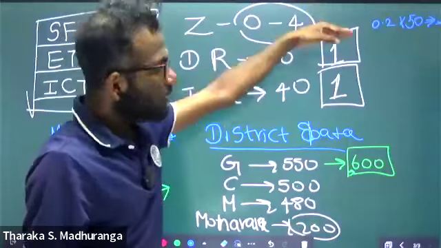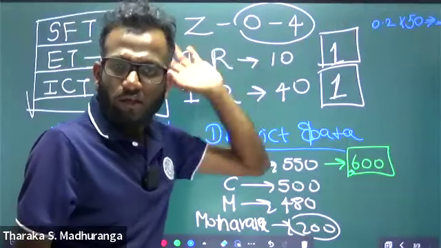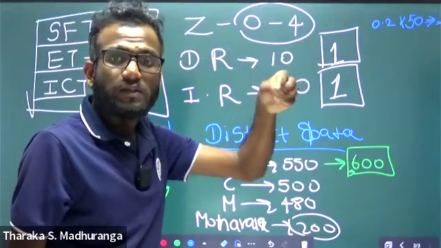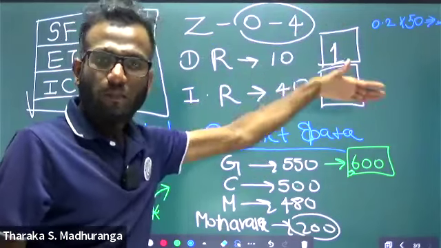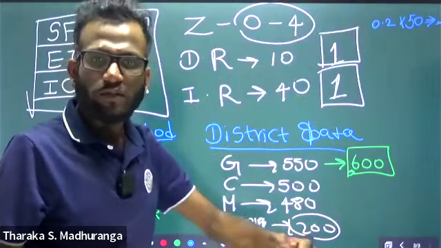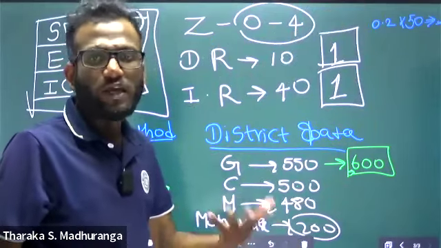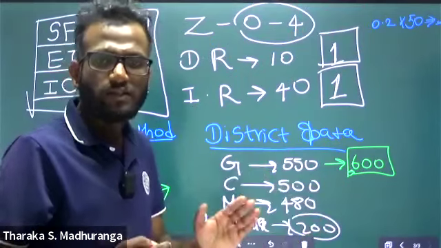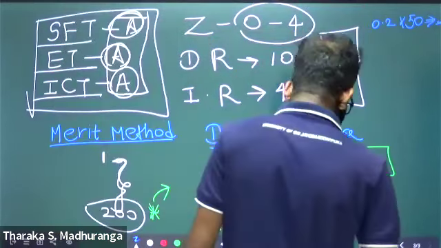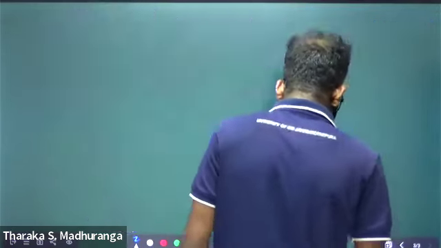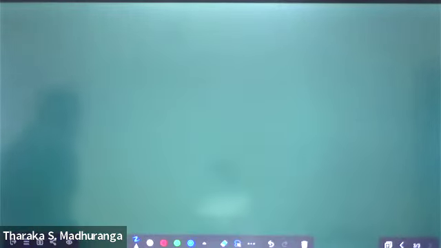For ET and ICT, the other subjects, the same procedure is used for calculating. The summation of all three subject values is called the Z value. Your final Z value comes like this. That's about the Z value and university selection methods.